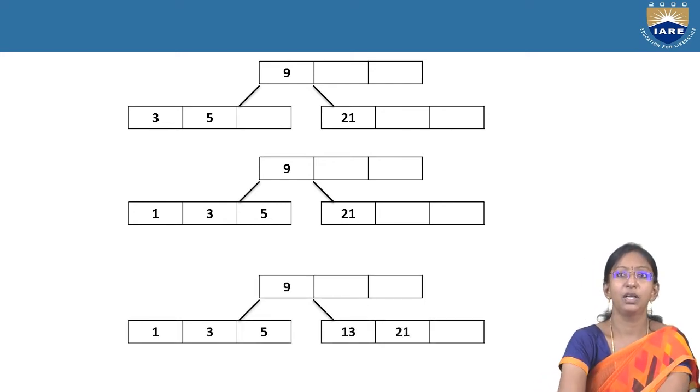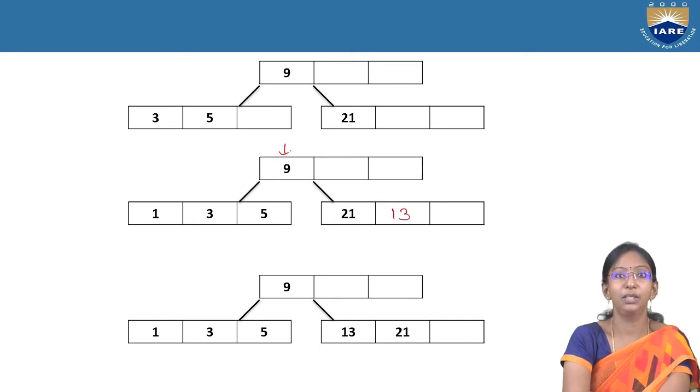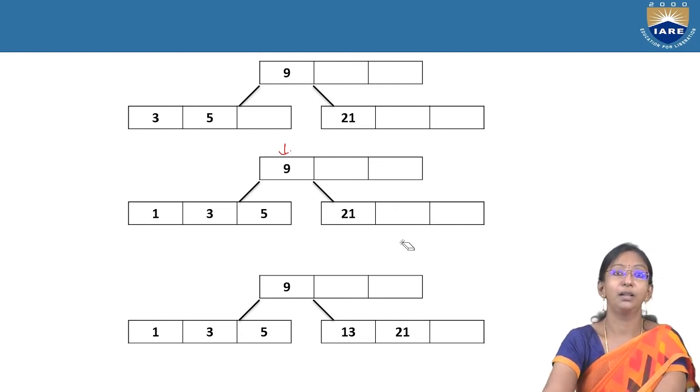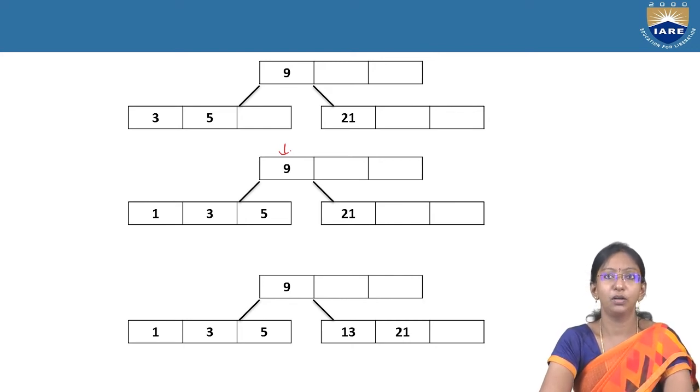The same story: 13 is greater than 9, so definitely it will go to the right side of 9. I cannot place it after 21 because 21 and 13 would be in descending order. So I'm going to sort them.